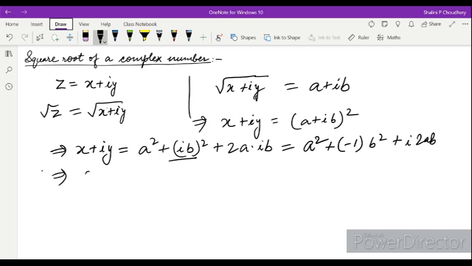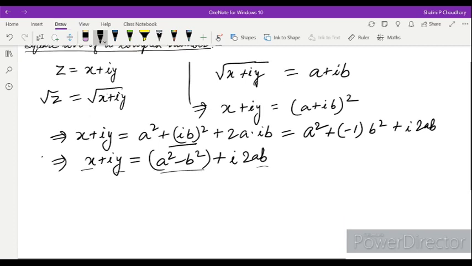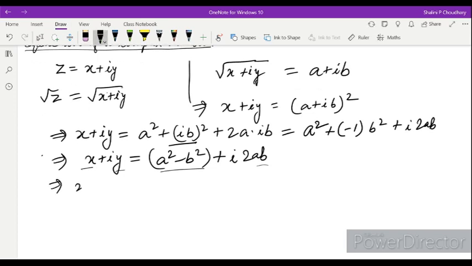So x plus iy will be equal to a square minus b square plus i 2ab, right? Equating the real part and imaginary part on both sides, we'll get x equal to a square minus b square, and y equal to 2ab, right?